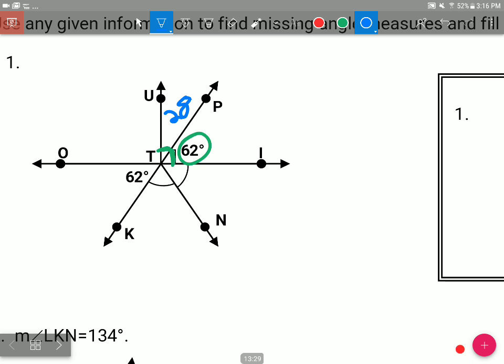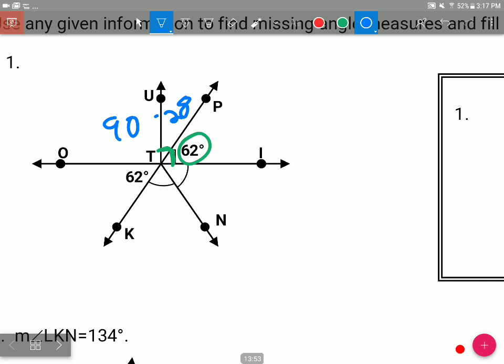Does that make sense? We know those have to add up to 90. Well, if this one is 90, what must this one right here be? It must also be 90 because they have to add to 180. So this one's 90. You see where I'm going with this?